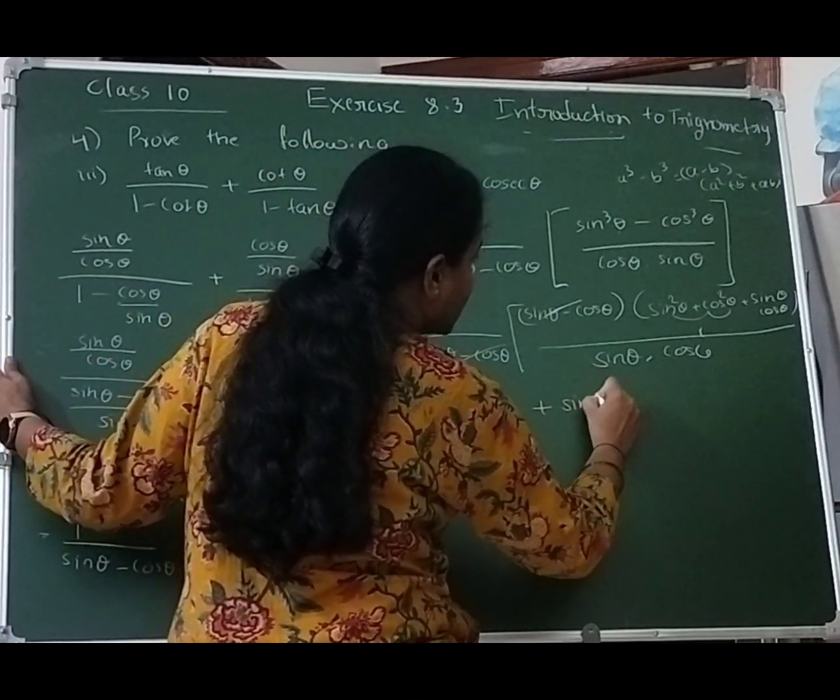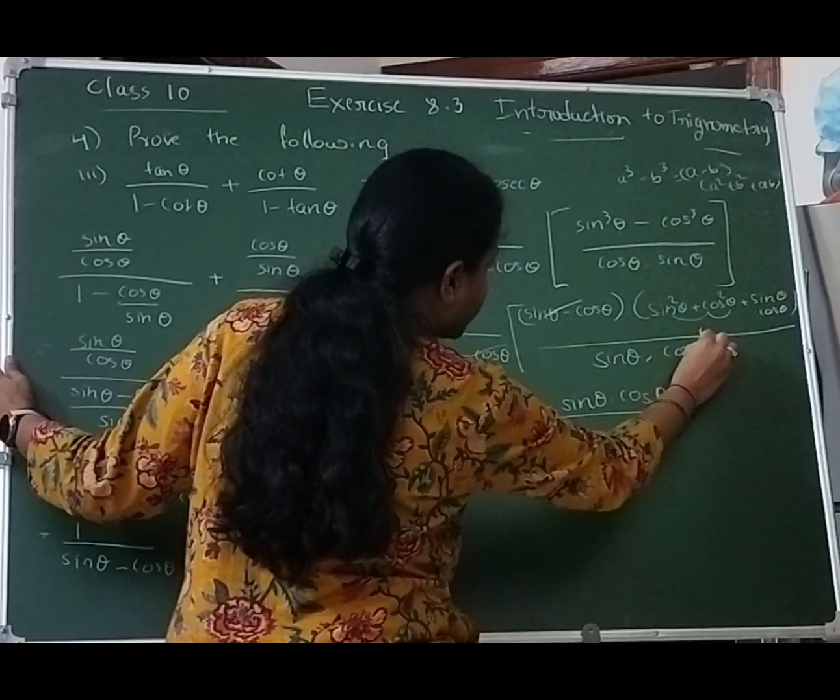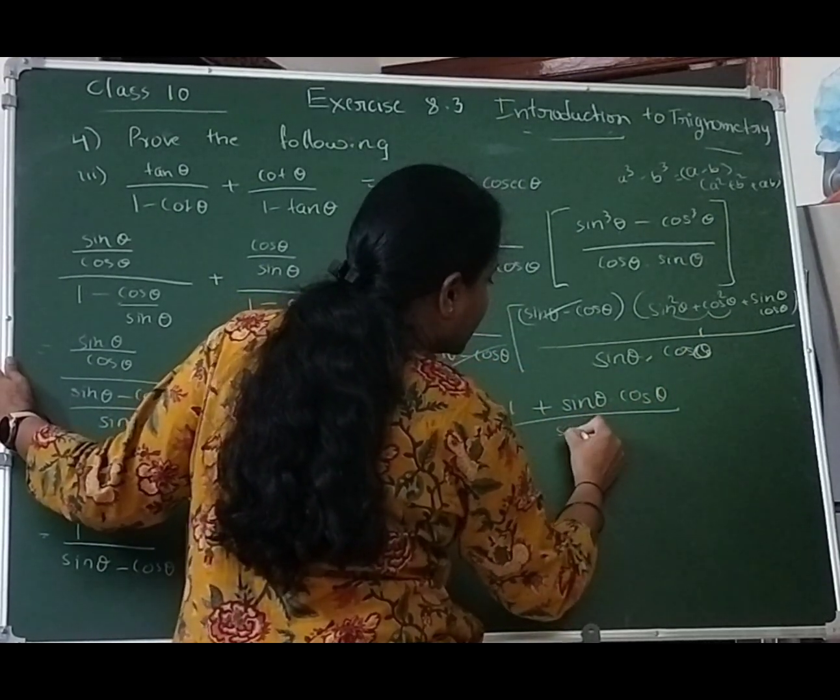So it reduces to (1 + sin θ cos θ) divided by sin θ into cos θ.